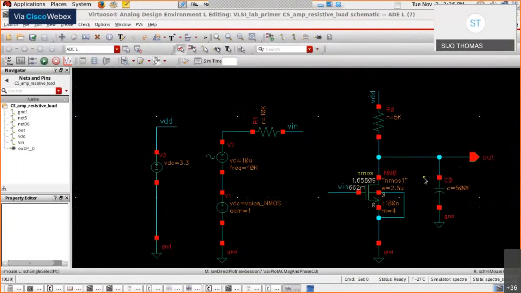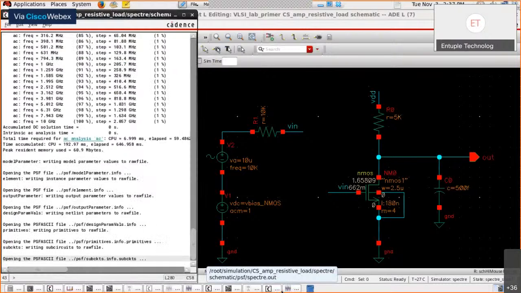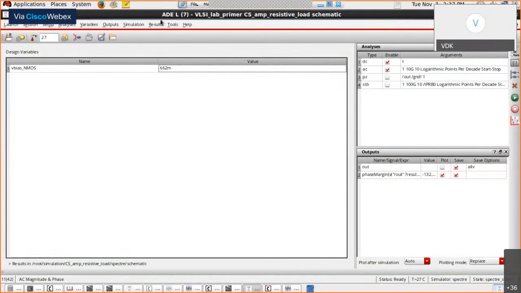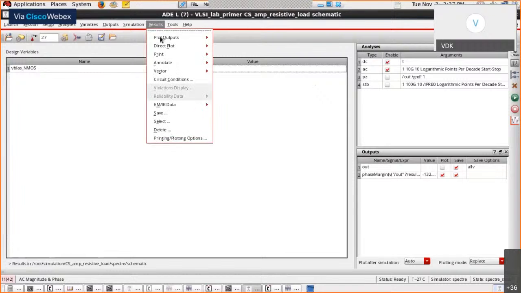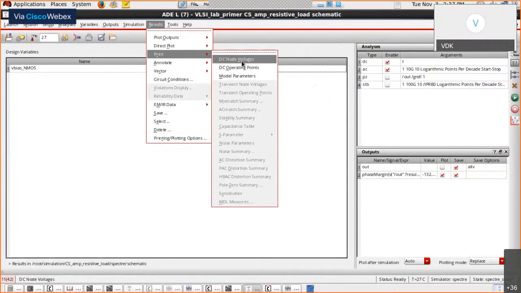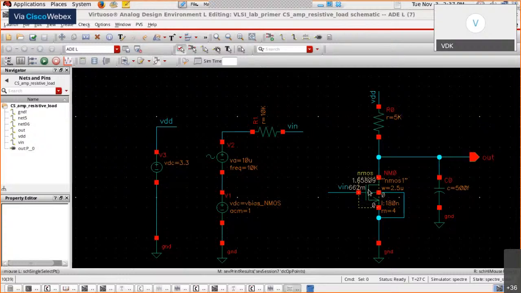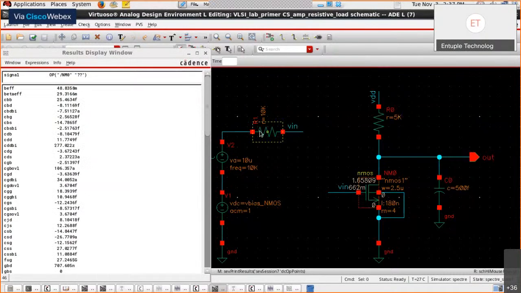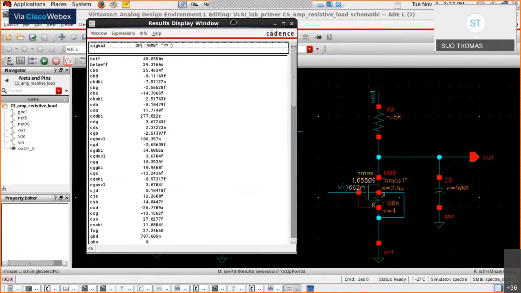First, I would like to illustrate the DC operating point values. Okay, sir. So print results and point to the transistor to look at the DC operating point results. That's a very huge list because over the years, as technology developed, EDA tools also evolved.